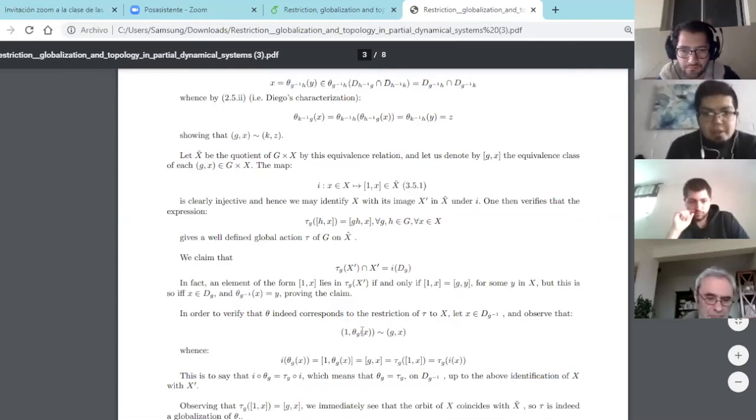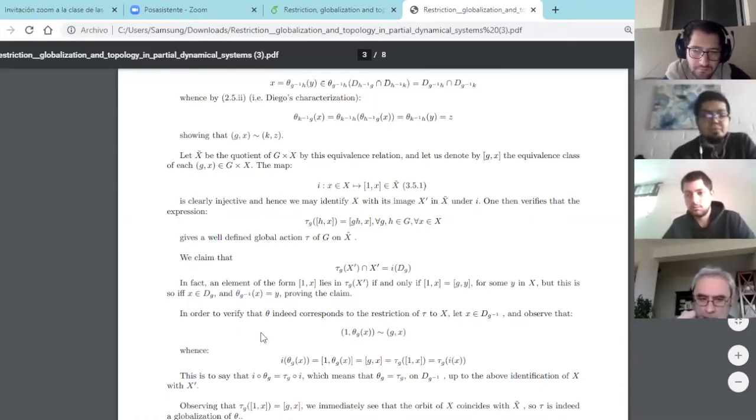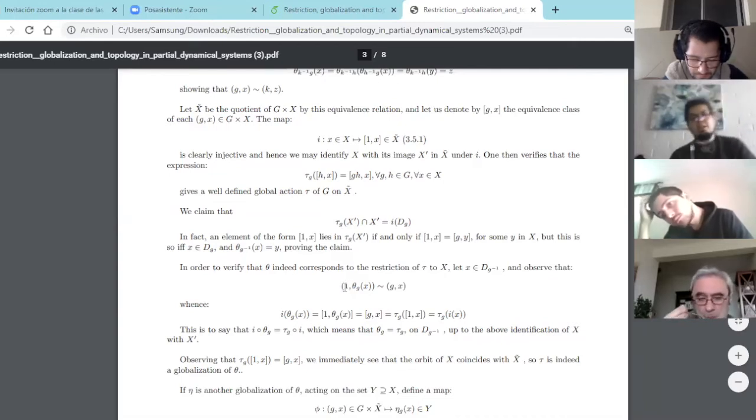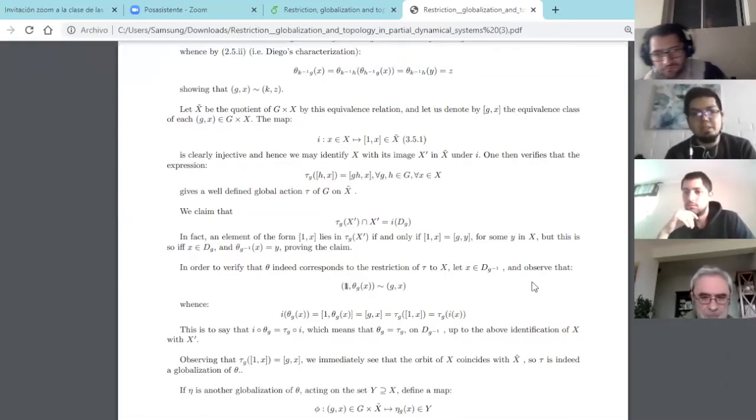From one, this is going to theta G acting on X, and this goes as well from theta G acting on X, right? And so the inclusion, and why I wanted to write it in this way, is because the inclusion only tells us how it behaves with this kind of pairs, when the first one is a 1.